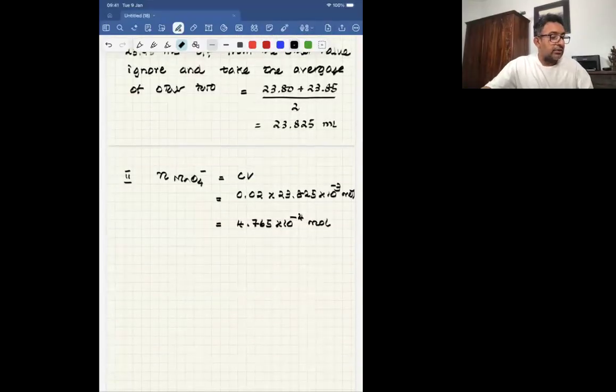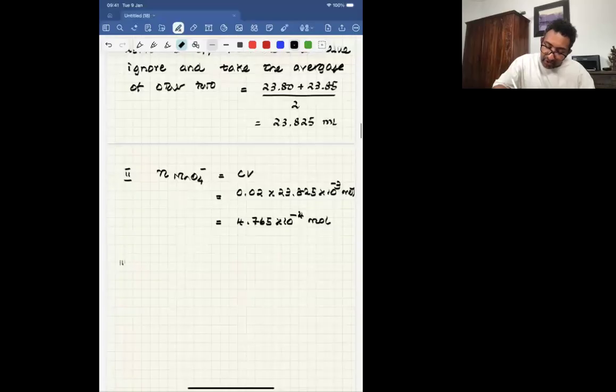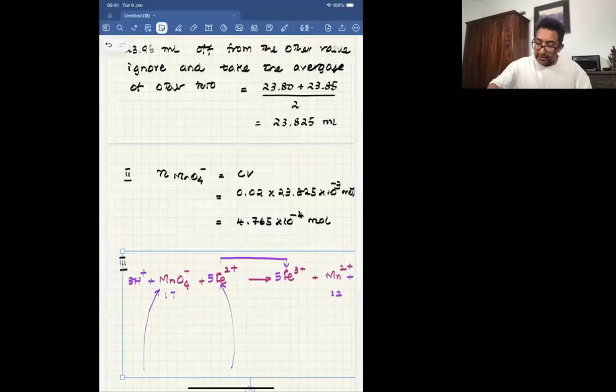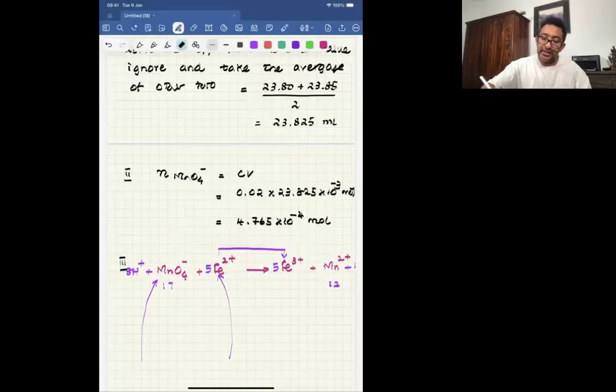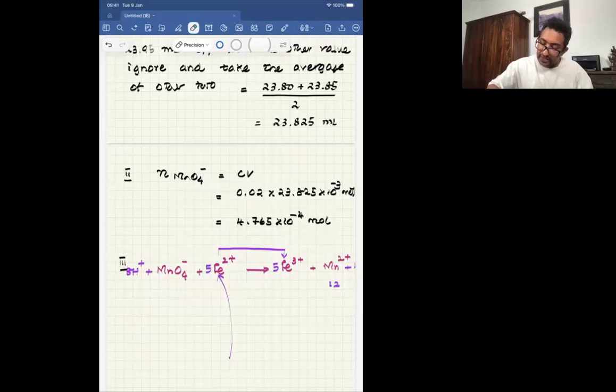Right. Calculate the moles of Fe2+ ions in the titration. Third one. Now you all know we made this equation earlier. Same titration. Nothing new. So you know the stoichiometry.